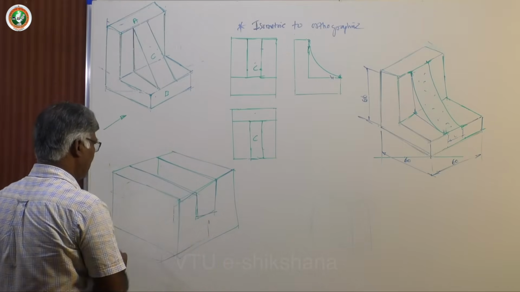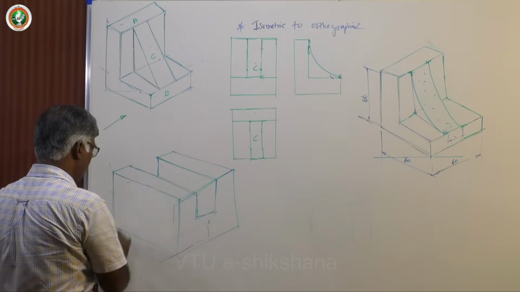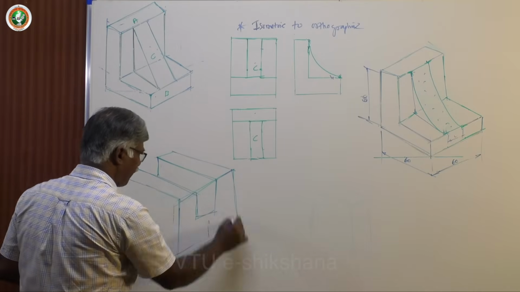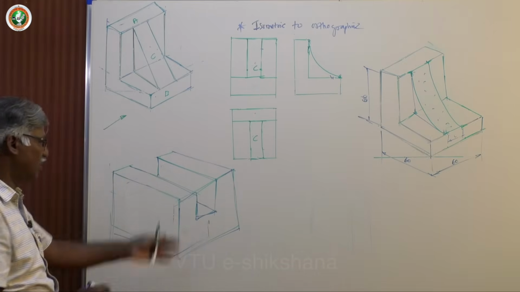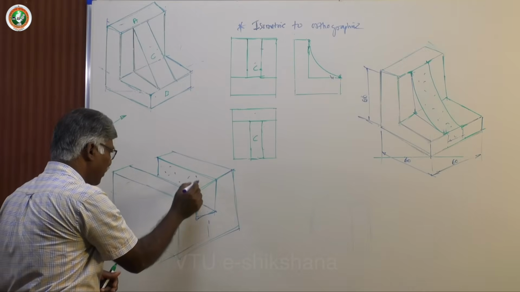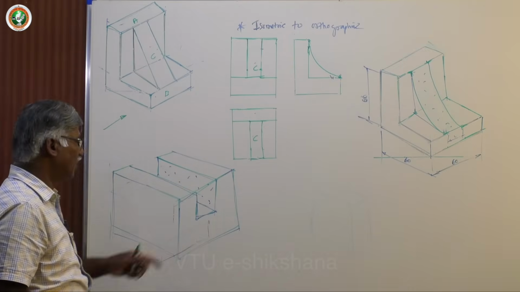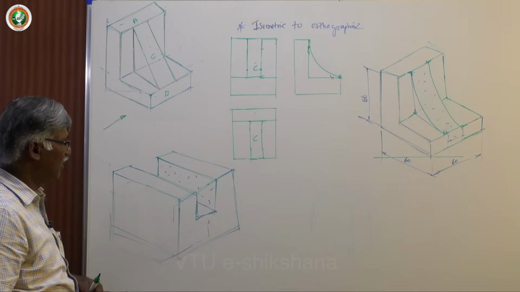The visibility is this. That depends on the height. Actually, this is the vertical surface available here. This line is not available, it's thin. Again, this is thin. What is front view?